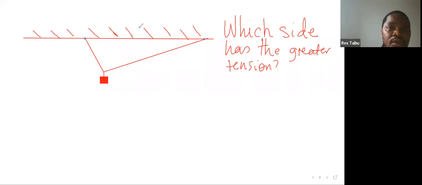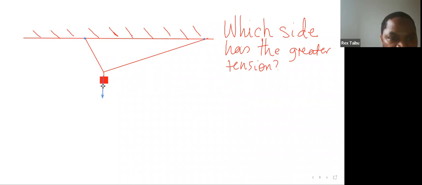So what we do here, we can apply the parallelogram rule by first of all drawing one single line to represent the weight. So we can draw one line to represent the weight of the box here, because this weight is acting on the node here.